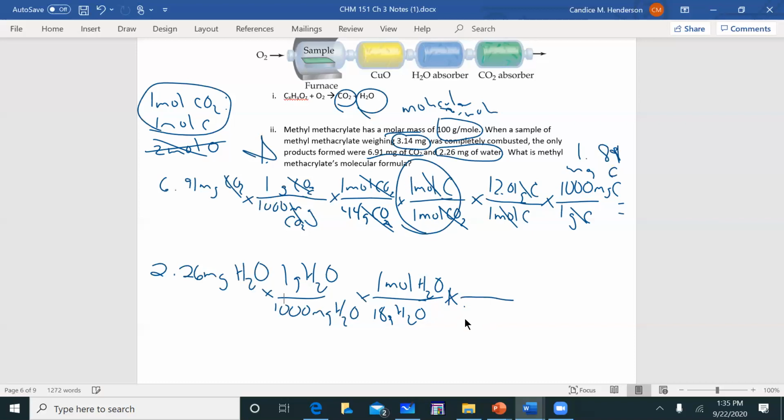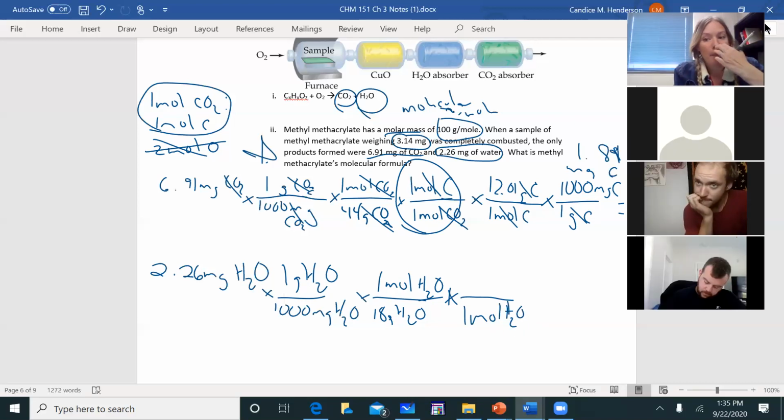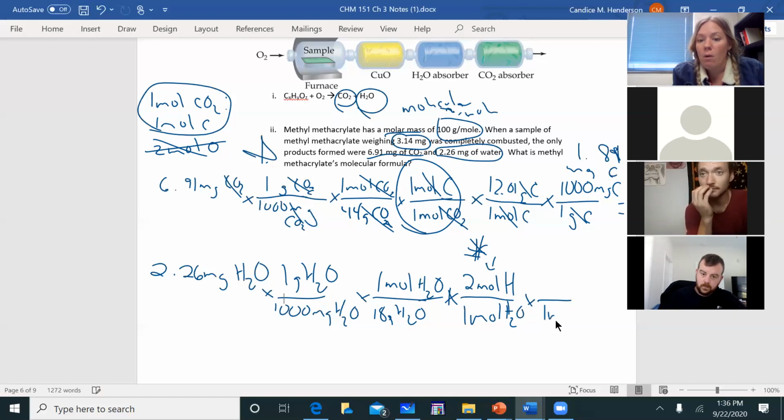But here, for 1 mole of H2O, how many moles of hydrogen do we get? It's not 1. How many atoms of hydrogen come out of 1 mole of this? It's 2. So we need 2 moles of hydrogen. This step on the water one is what may throw you off. It's a 2-to-1 ratio. Then from there, for every 1 mole of hydrogen, it's 1.01 grams of hydrogen. And because it's in milligrams, we'll convert it back into milligrams. For every 1 gram of hydrogen, I get 1,000 milligrams of hydrogen.